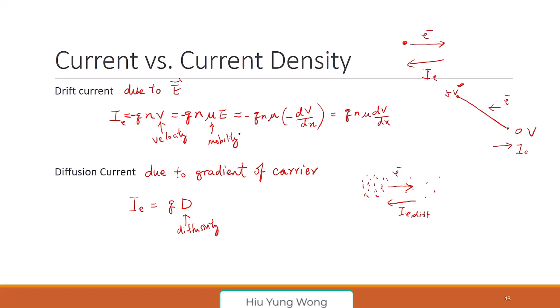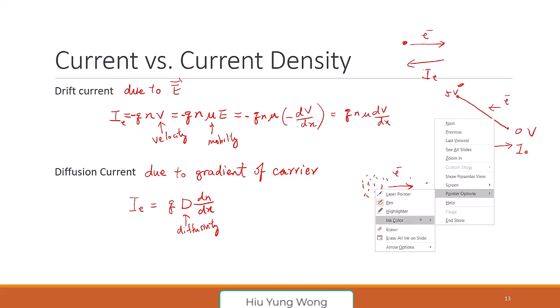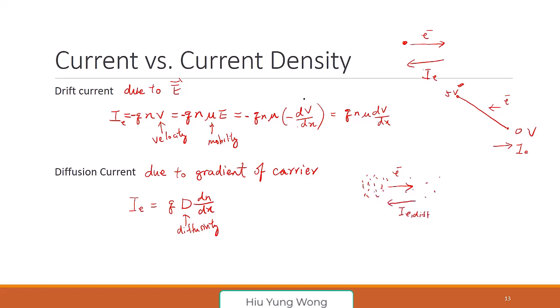And now the driving force is the gradient of the electron instead of the gradient of the potential. Right, try to compare this. Gradient of potential, gradient of electron, diffusivity, mobility, right? So you see that they have some connection there, right?